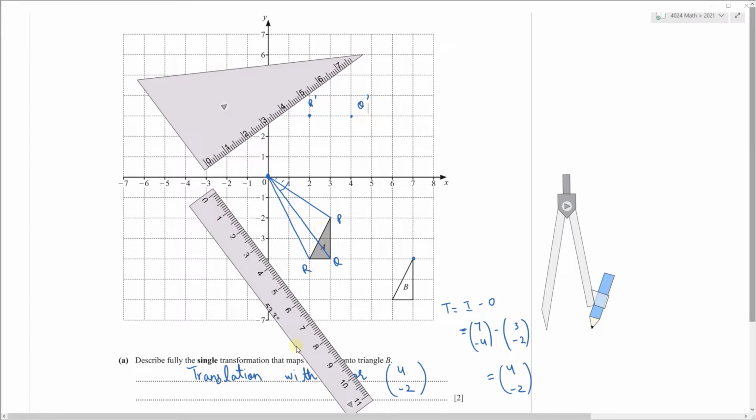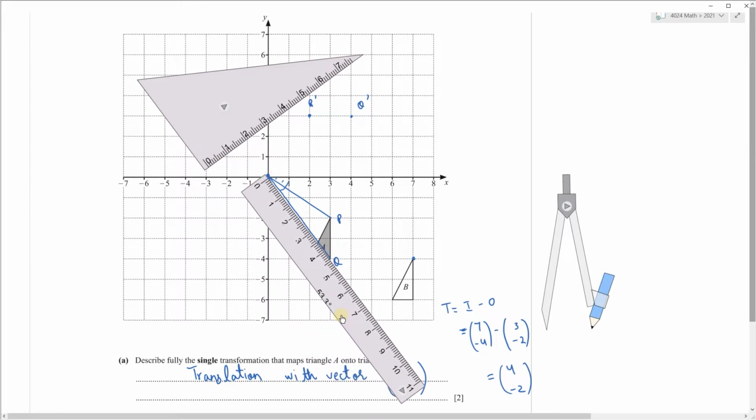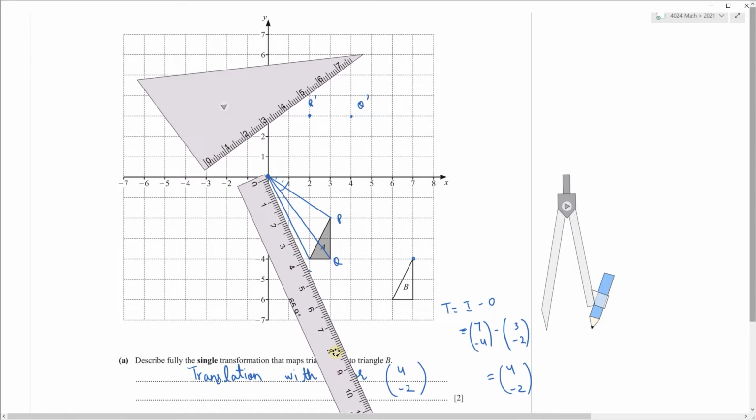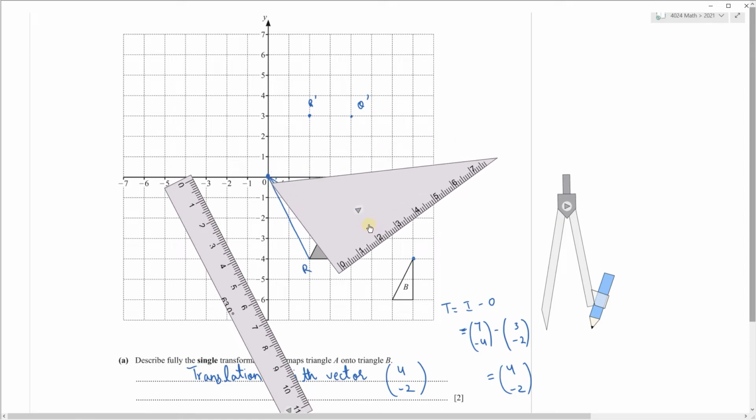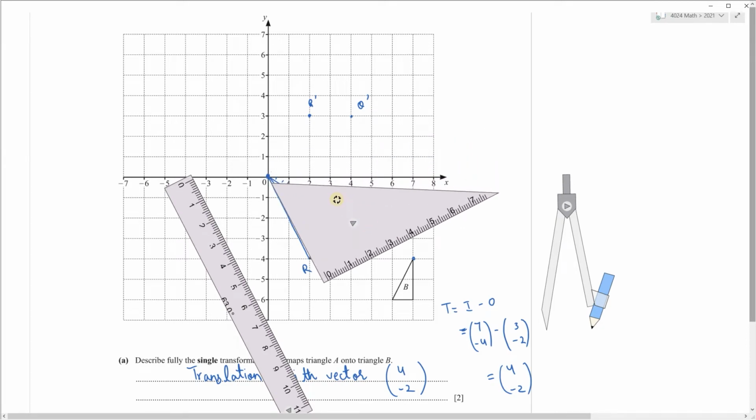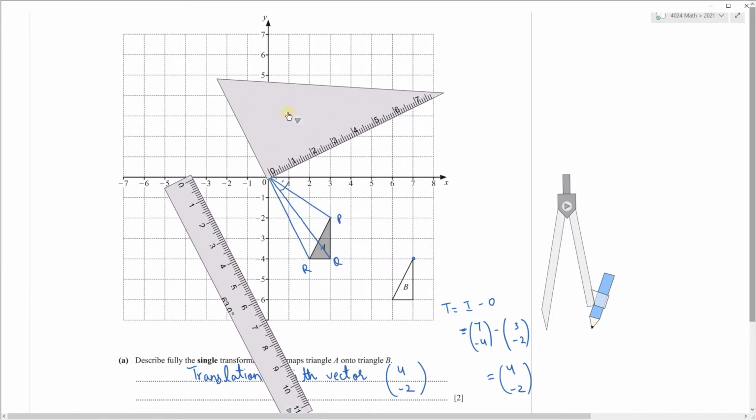Now for R, again, I'll measure the distance. R is almost 4 centimeters. And then let's align it here. Place it at our center of rotation with 0 at the center of rotation, and then 4 is almost at this point.